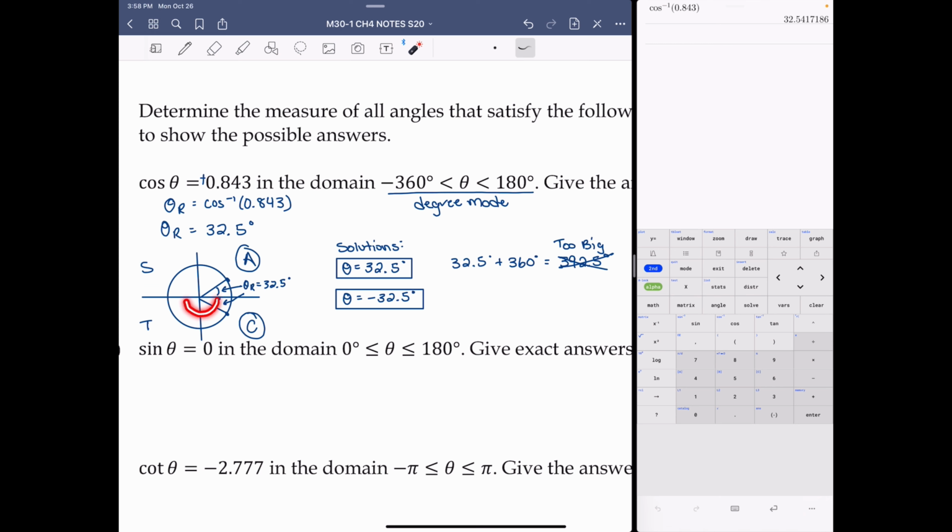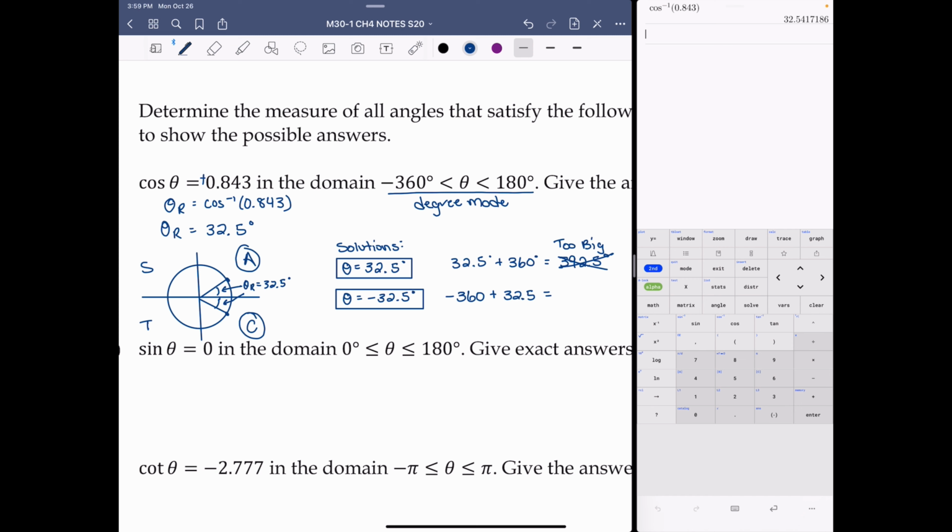We can also go around and get to this because our domain is negative 360. So we're allowed to go a full rotation, which means that this angle here would be part of that domain. To get to that one, we would start with negative 360 degrees, and then we would add 32.5 degrees because we want 32.5 degrees less than a full rotation, but in the negative direction.